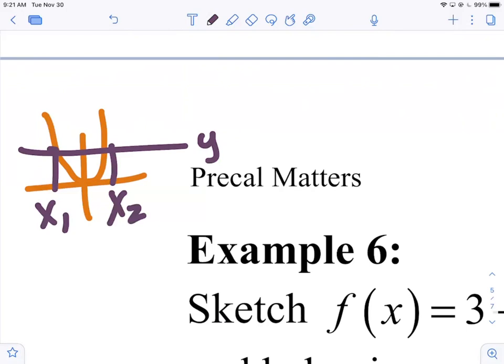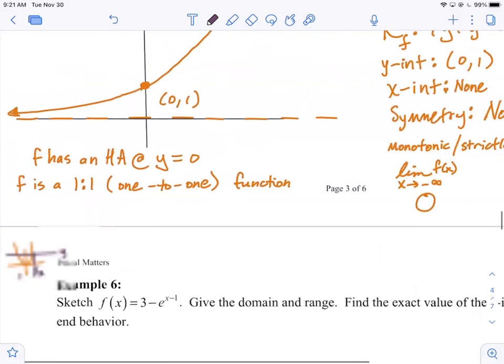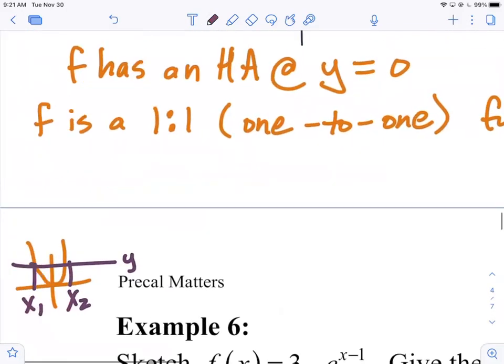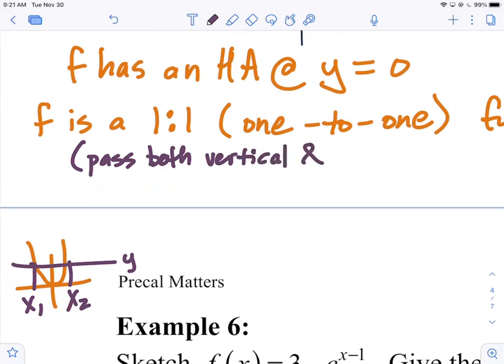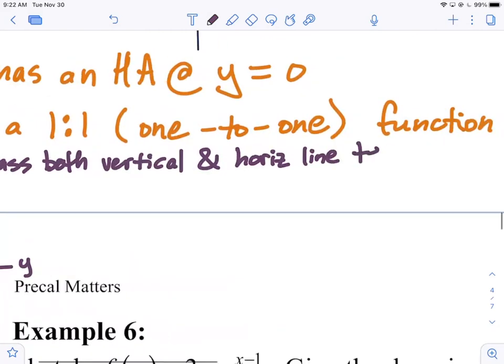So it's still a function, right? The x values are faithful, but the y value is not. So to be a one-to-one function, it has to pass both the vertical and horizontal line test. So let's go ahead and state that. It must pass both the vertical and horizontal line test. Now, those types of functions that are one-to-one, we call them invertible.